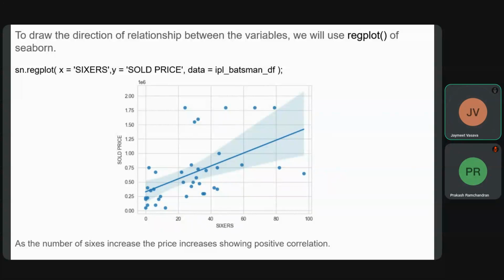So let's create a line that signifies the relation between them. We will use the regplot method of Seaborn to construct that line and show us the relation between the x and y values.